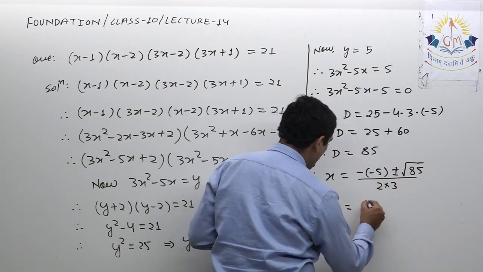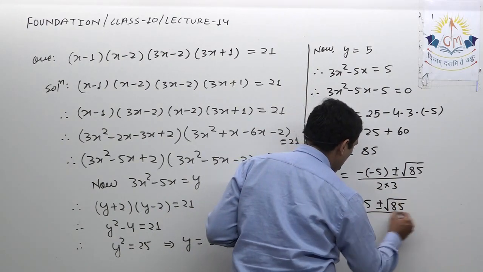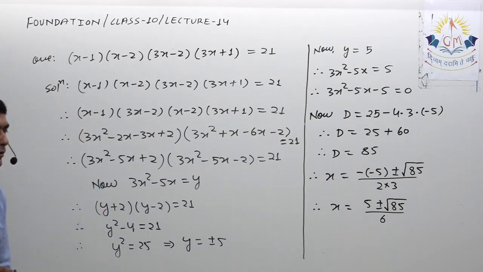Therefore x is equal to 5 plus minus root 85 upon 6. So these two are the values of x, which are definitely not integer values. So note it down first of all, then we'll see two more values, and then we'll see among these four values which are satisfying the given equation.